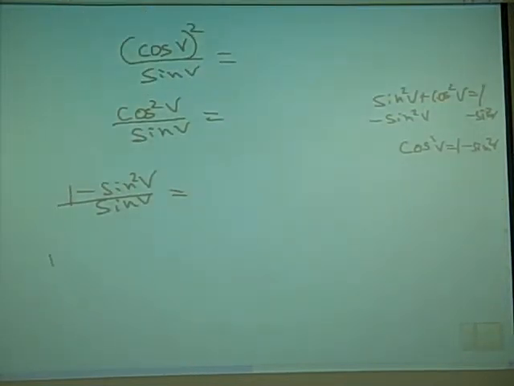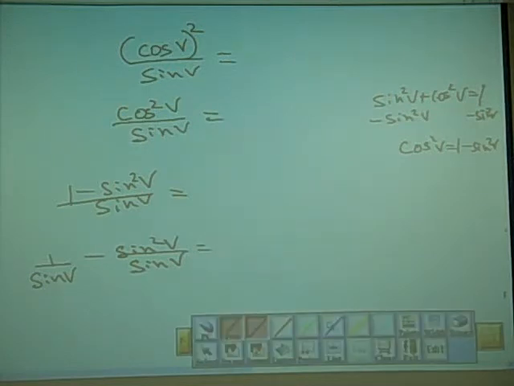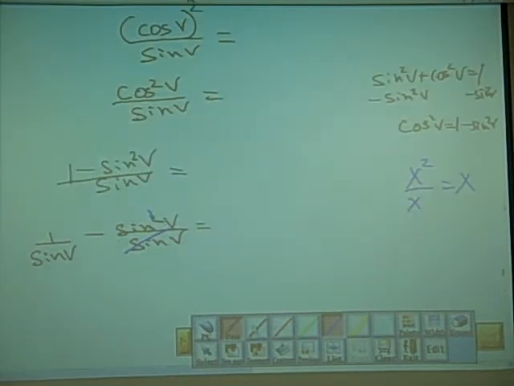So we're going to put this 1 over sine v minus sine squared v over sine v. And we can cancel now. Just like x squared over x is x, sine divides into sine squared v, and we get just sine v there.